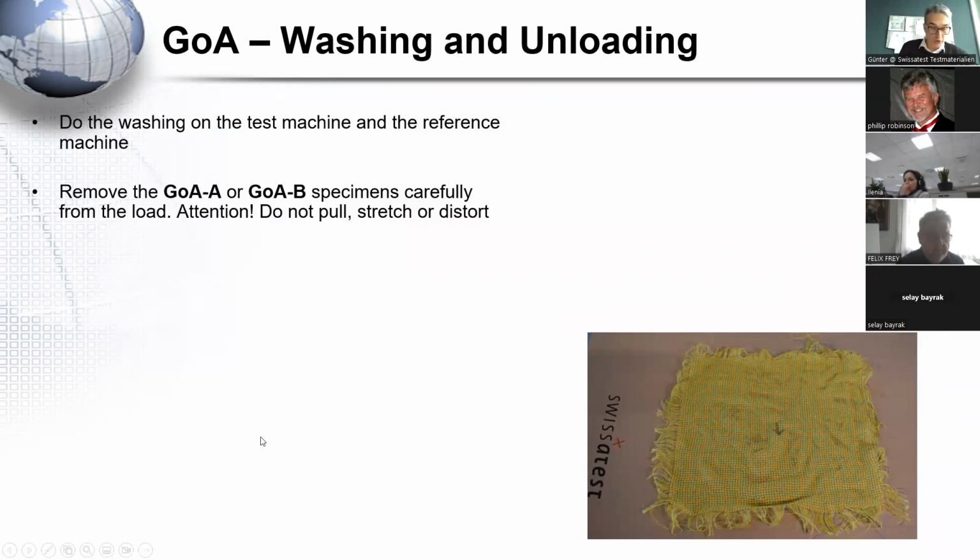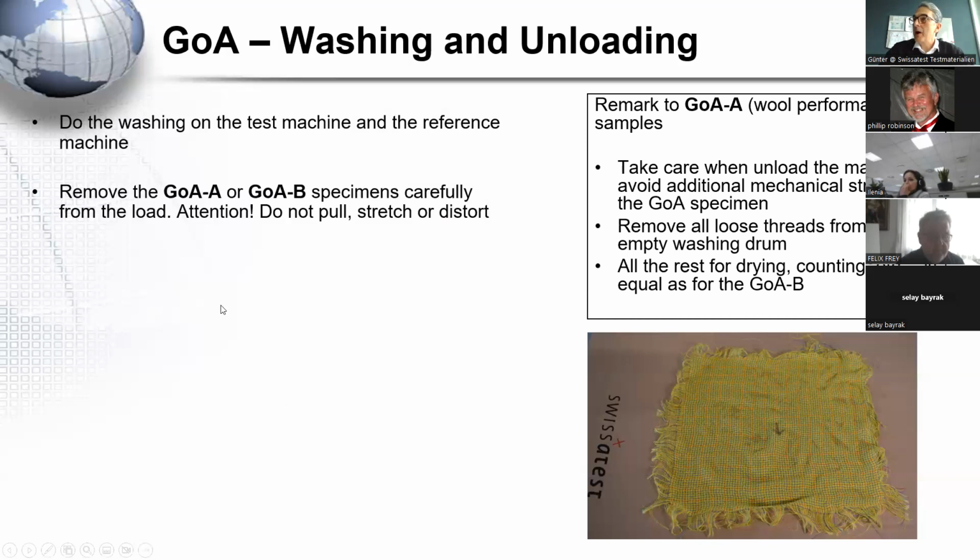After that, you have to do the washing, depending on the plan or on the procedure you have to do. After the washing, remove the GoA A material, when it is not in a cover, or the GoA B specimens in the cover, carefully from the load. Attention also here, do not pull, stretch, or distort. Here's a remark on the GoA A sample, which is not covered with the load.